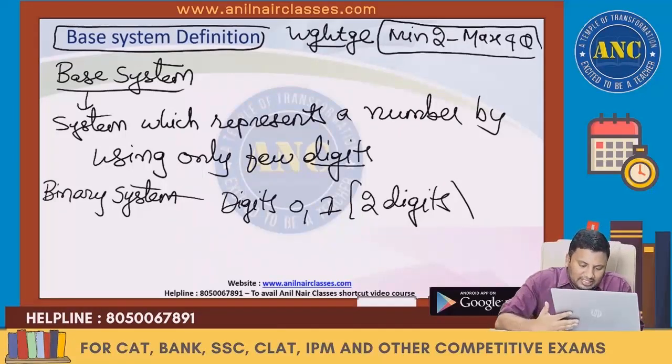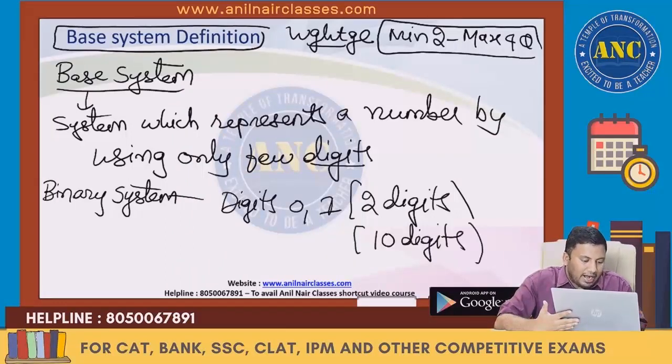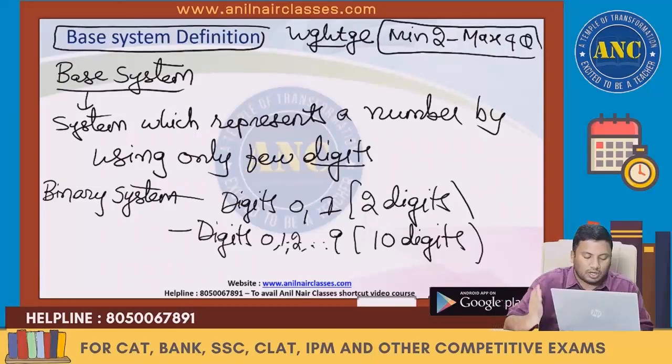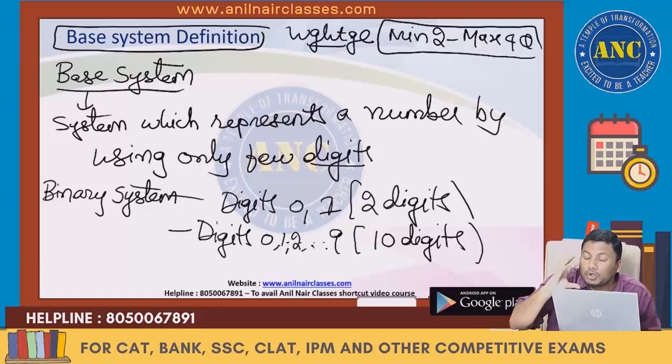Now, if I decide to use 10 digits, and all the digits should start from 0, I will use from 0 to 9: 0, 1, 2, 3 and so on up to 9. 2 in Greek is bi. 10 in Greek is deca. Deca is 10.